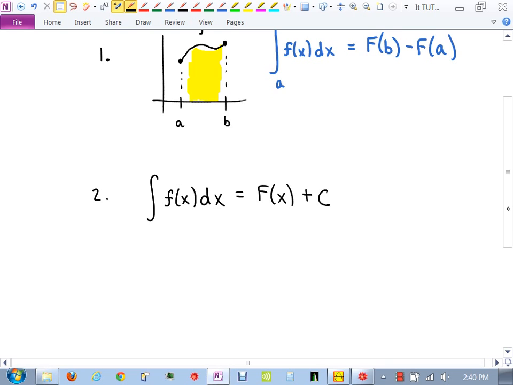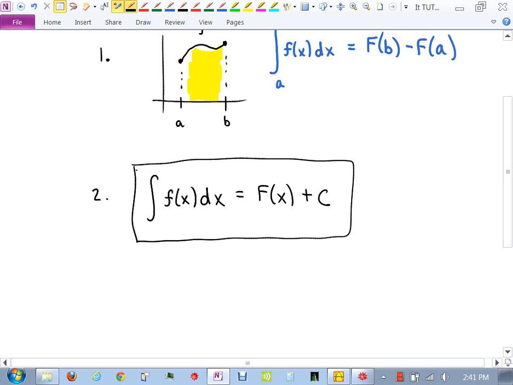Find the antiderivative of this function. Instead of writing that over and over, if you just write this right here, really, if you write the left side, then that's just asking you to find the antiderivative of a function. That's all that means. So we have two things here. Number one has to do with areas, and number two is just how to ask someone to find an antiderivative.